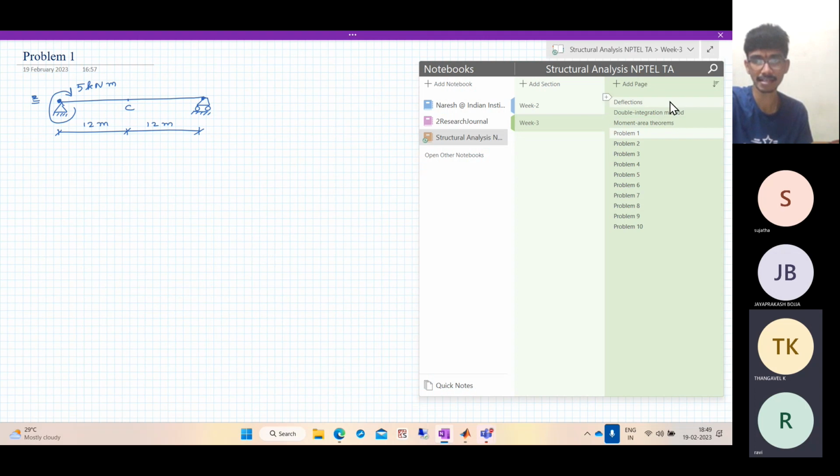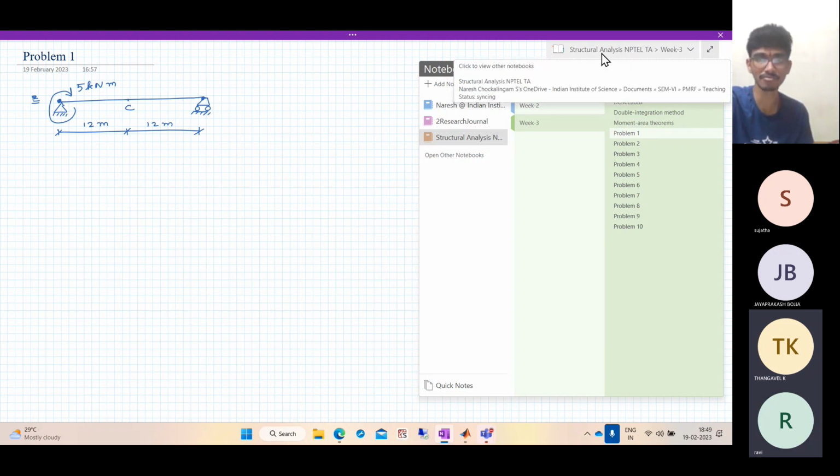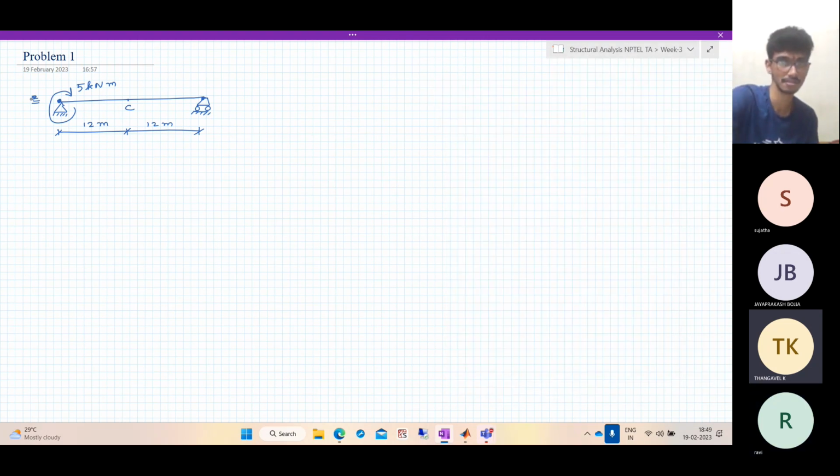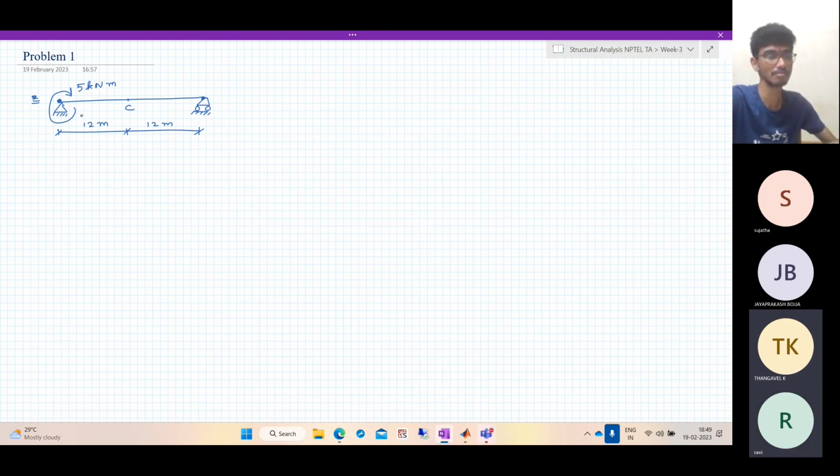Just to demonstrate this, let me solve this, then I'll pause for questions. Okay, so this is a given problem. Let us call this point A and this B. It's a simply supported beam subjected to an end moment of 5 kilonewton meters and it's of total length 24 meters. As usual, what is the first step? Step 1 is to determine the support reactions.